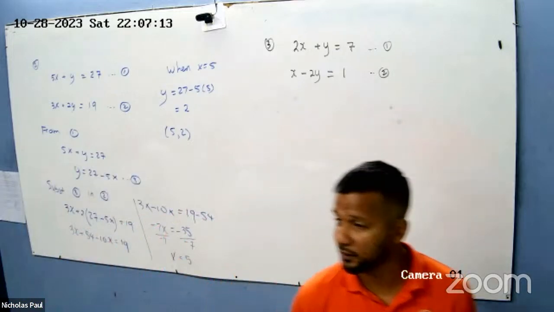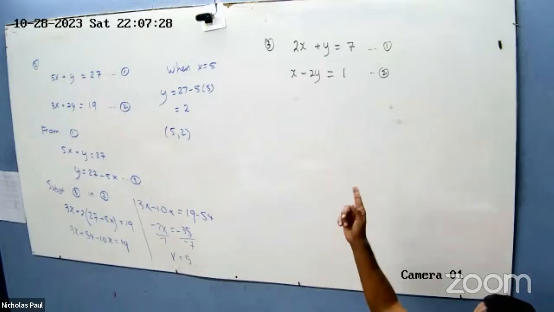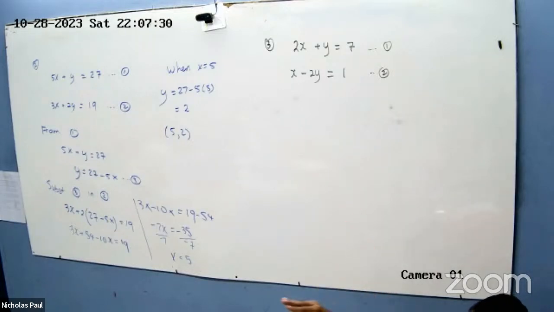Anybody lost? You have to just say you're lost. But just try to follow the same steps. Nothing changed. Make y the subject in the first one, subject in the second one, and multiply something.